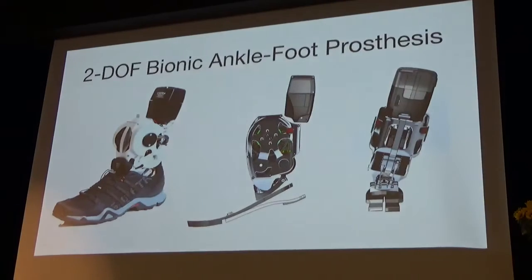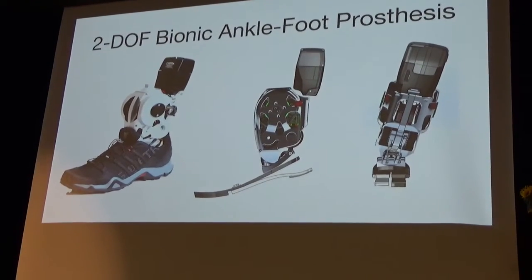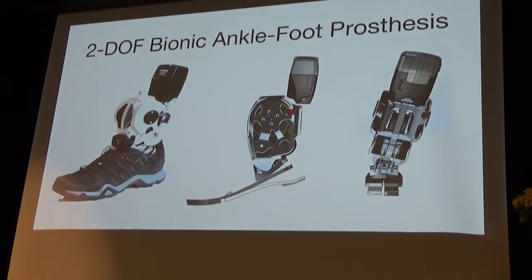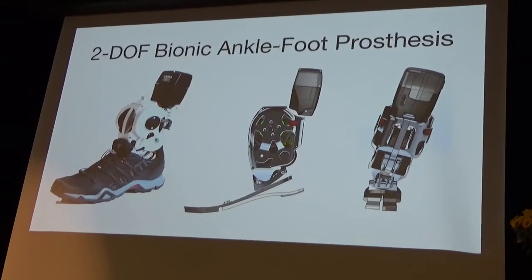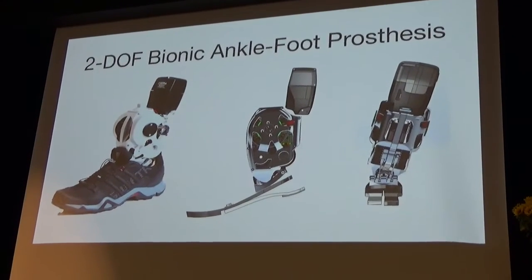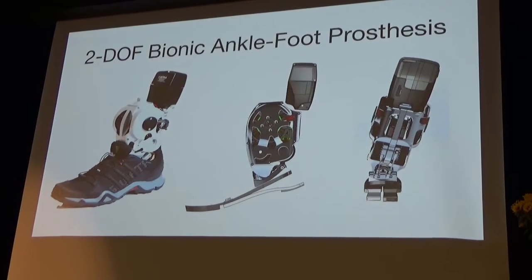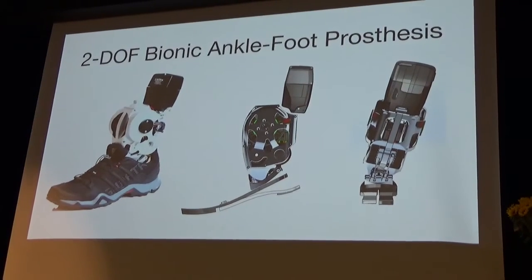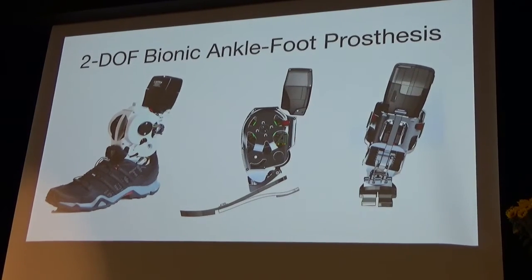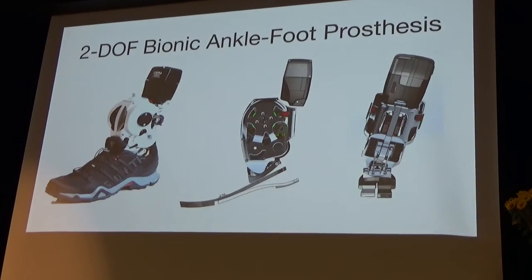A limitation of the current device is that only one joint is actuated, the ankle joint. So we've now built a 2 degree of freedom foot-ankle device, where we now have an actuated subtalar joint. This is exciting because the devices that I'm wearing now are only 1 degree of freedom, only actuated ankle.